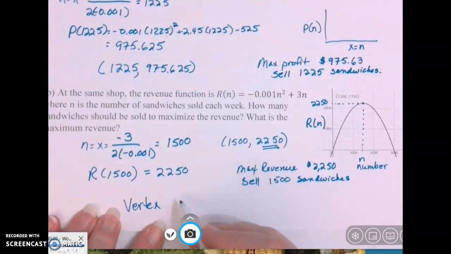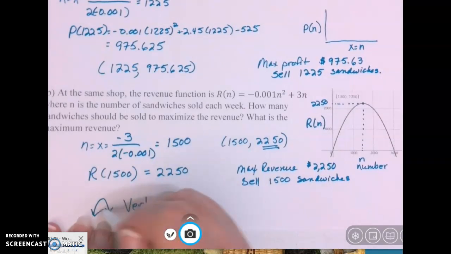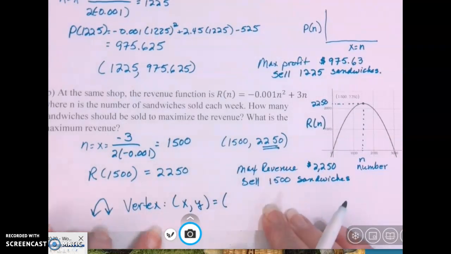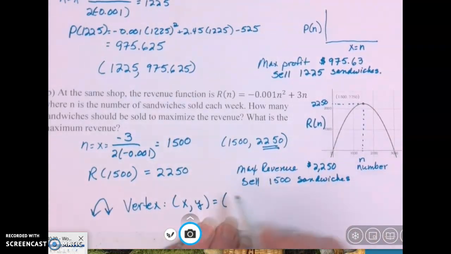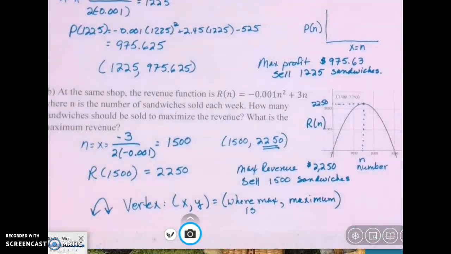The vertex gives you, if it opens down, so we've got a parabola that opens down, an x, y, and that's going to be where the max is, and that could be how many sandwiches, what price, whatever we have on our x-axis. The y-coordinate is going to be the maximum of whatever your function is: maximum profit, maximum revenue, maximum price.